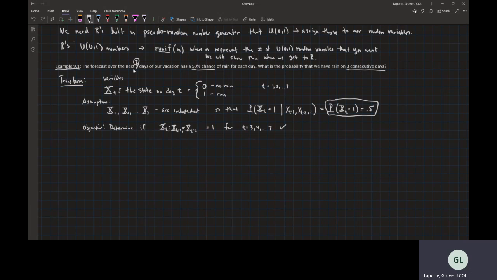And so another way to do exactly what I have written here is to do this little trick. Let's say that y is a 1 or a 0. So y is: does the week have 3 consecutive rainy days?